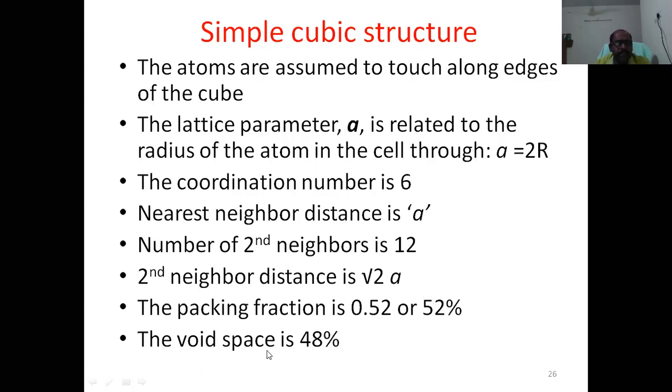Similarly, the void space or unfilled space is 1 minus 0.52, which is 0.48 or 48 percent. You deduct 52 from 100 to get the remaining.